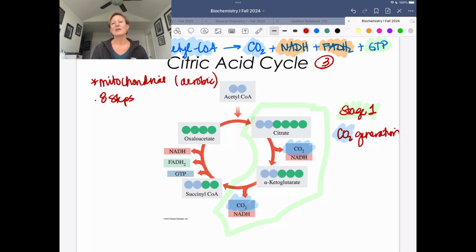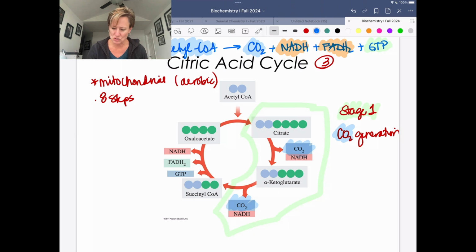But I want you to think that this first half of the citric acid cycle really accomplishes the first half of what we think about with enzyme chemistry. We do chemistry on the substrate. Remember, if the purpose of this pathway, which is really multiple steps, is to take the carbon atoms that are in acetyl-CoA and convert them to carbon atoms that are CO2, we've done that chemistry. We've generated those products.